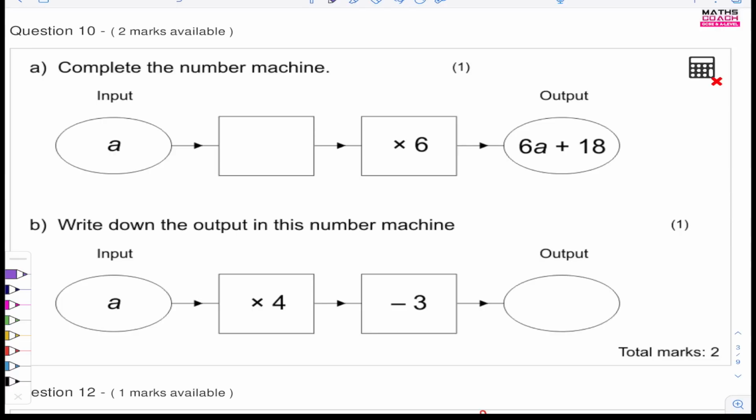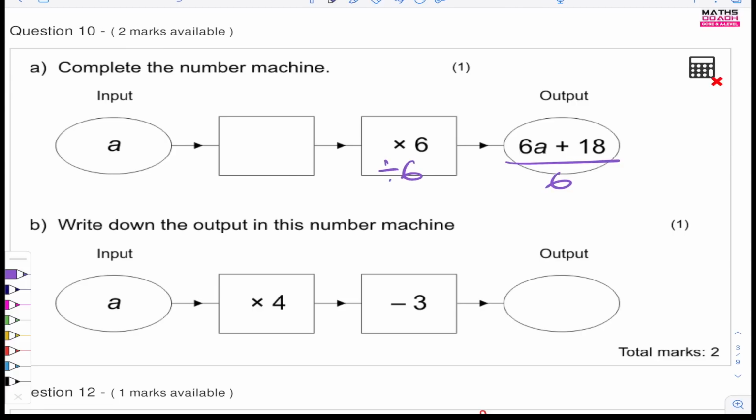Question 10. Complete the number machine. So a went into here, something happened, and then it went into here, and then it was multiplied by 6, and then it gave all of that. The first thing we're going to do is work backwards, and then we're going to see what would have happened in here. So what's the opposite operation of multiplying by 6? It's divide by 6. So let's divide all of this by 6.